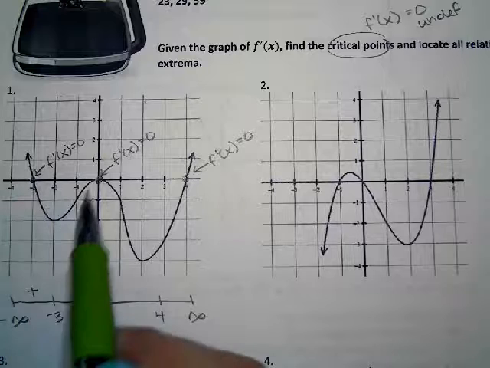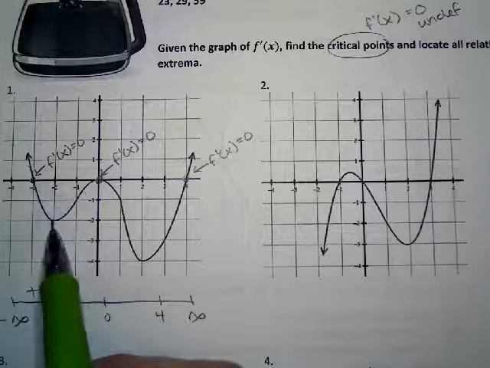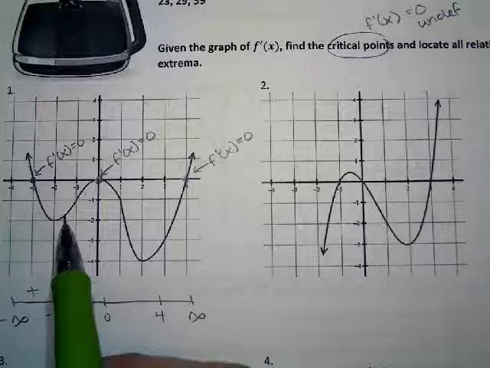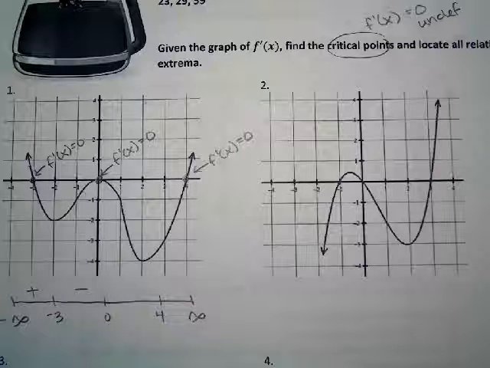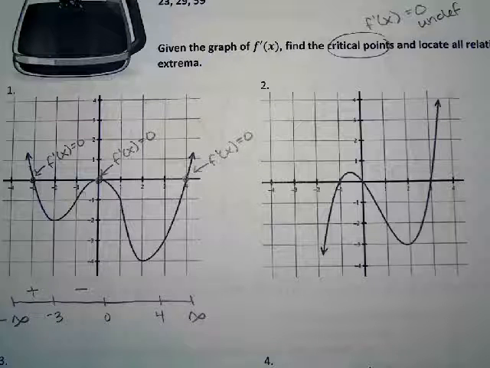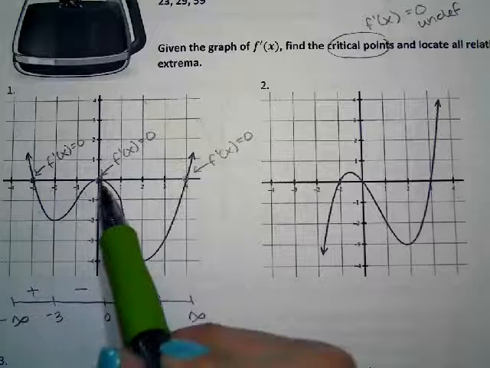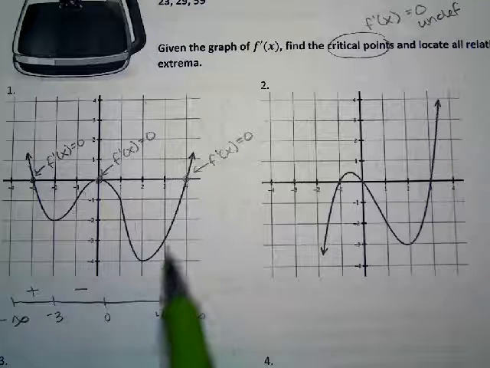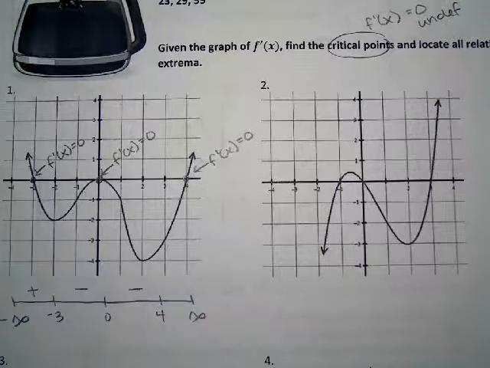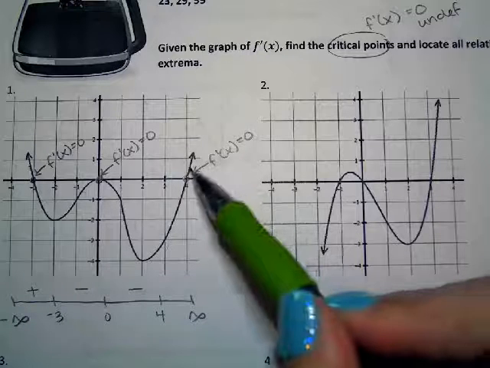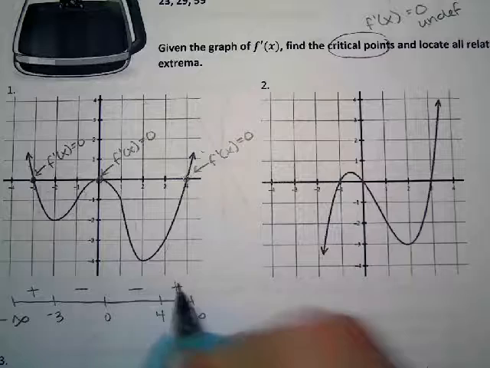From negative 3 to 0, the derivative is below the x-axis. It has negative y values, so the sign chart would be negative there. From 0 to 4, the derivative is below the x-axis, so it's negative there. And then over here, the y values are positive, and so it's positive there.